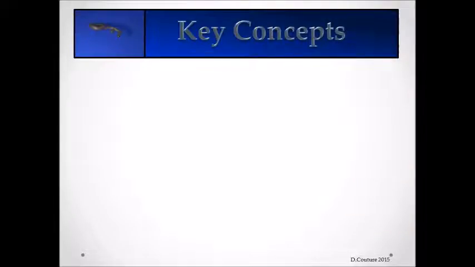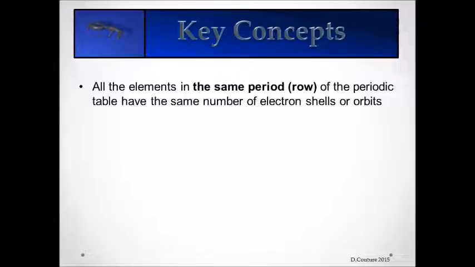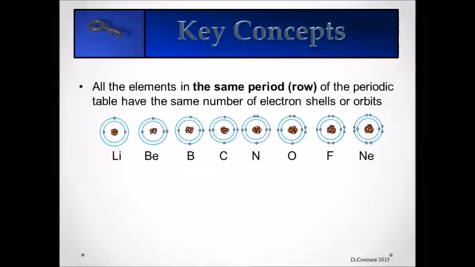Going back over those key concepts, all elements in the same period or row have the same number of electron shells or orbits, as seen here. This is the second row of the periodic table, or the second period, and you can clearly see there's 2 rings around the nucleus of each of these elements.